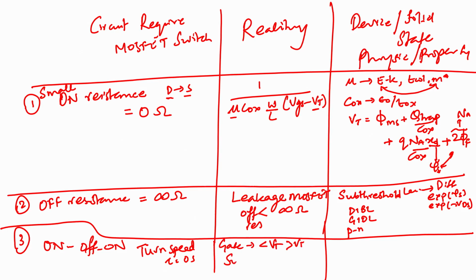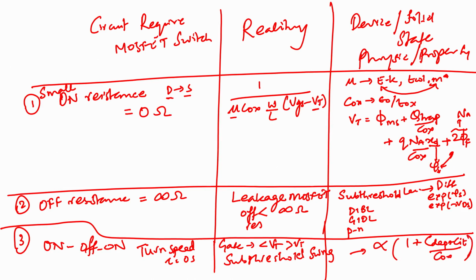It depends on the subthreshold swing of the MOSFET. And what does the subthreshold swing depend on? Subthreshold swing is proportional to 1 plus C depletion plus C interfacial trap by Cox.